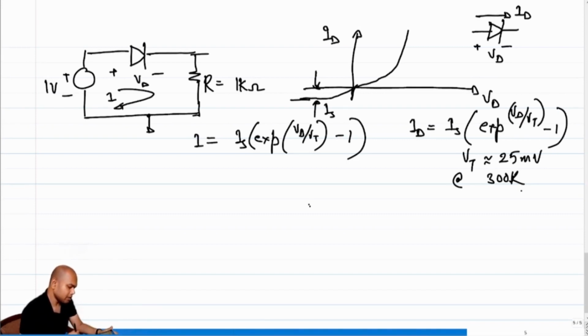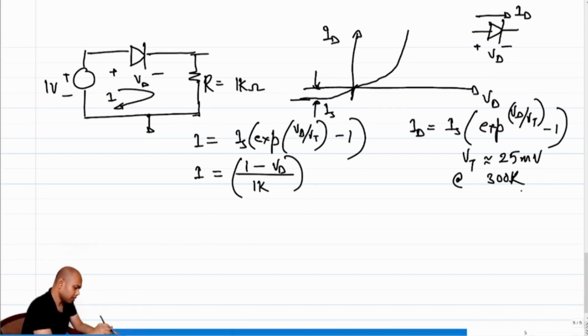The other equation is this current is also the current through the resistor, and that is nothing but 1 minus Vd by 1k, correct? So now this is equation 1, this is equation 2.